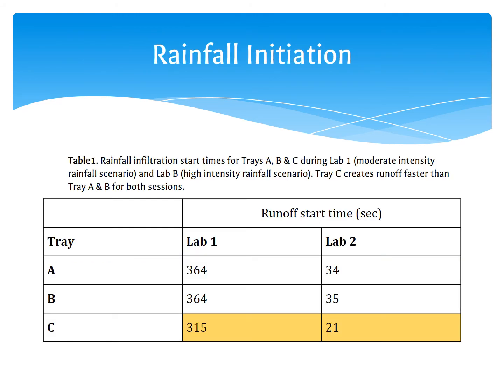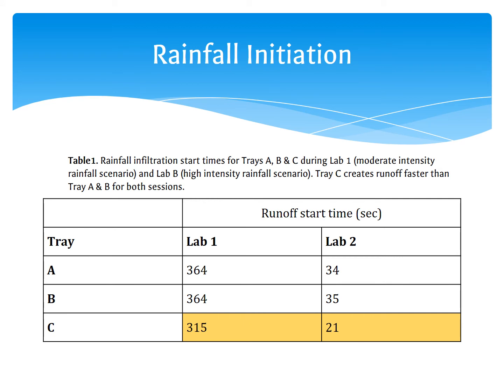The times to runoff were assessed to identify whether conditions amongst the 3 replicates were different from one another. Tray C displayed significantly faster times to runoff than the other replicates in both rainfall intensity simulations. In the first experiment, this was by 49 seconds, and in the second experiment by 15 seconds.